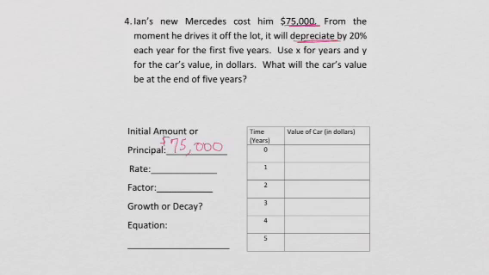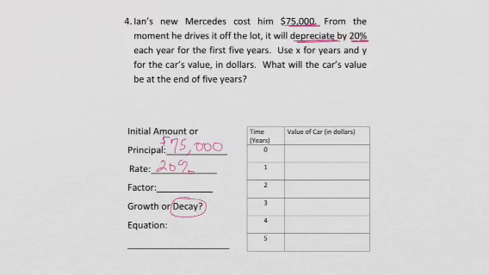That means it decays by 20%. 20% is your rate. Remember the percentage sign. Now it tells us to use X for the years, Y for the car's value in dollars. What will the car's value be at the end of 5 years?